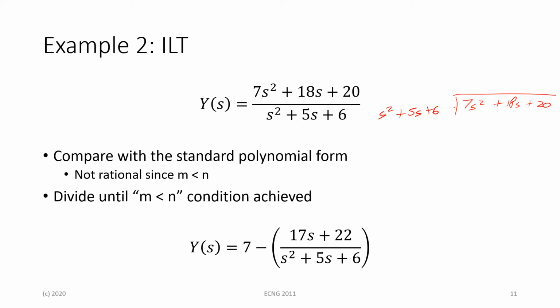So they must start with the highest power of s and then descend accordingly. When performing the division, the first step is that we watch the s squared here, and the 7s squared, which is the first component of each of the numerator and denominator, must be divided. So 7s squared divided by s squared here will give us a result of 7.